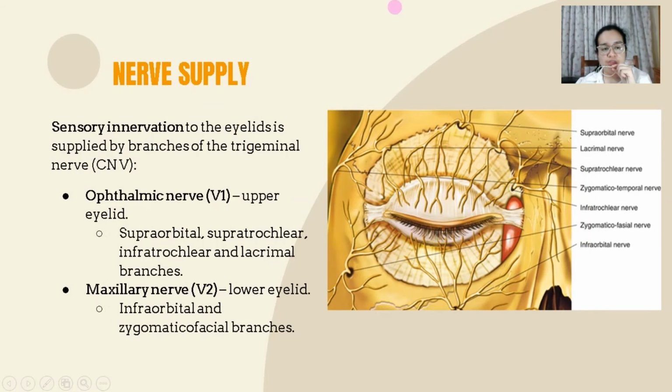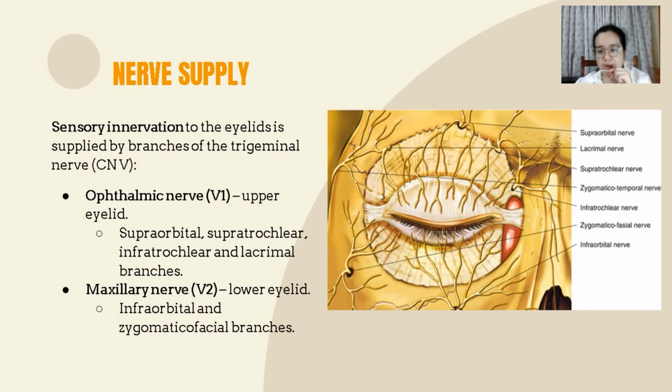We are now on the nerve supply of the eyelids. So the innervation of the eyelids include both sensory and motor components. For the sensory innervation, it is supplied by the branches of the trigeminal nerve or the cranial nerve 5.